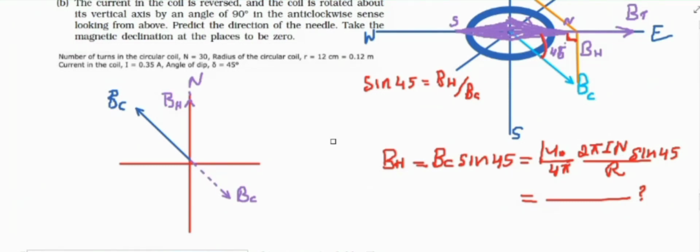Now it says that the coil rotates through an angle 90 degree in anti-clockwise direction. The coil is rotated through an angle 90 degree from here. So when the coil is rotated 90 degree, we know direction of BC also will be rotated. So then what happens? Now the BC, after rotating 90 degree, will be in this direction.